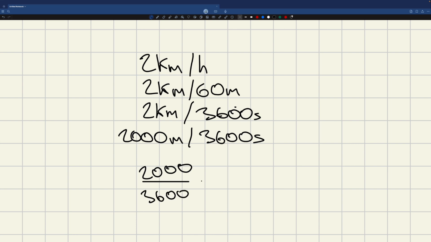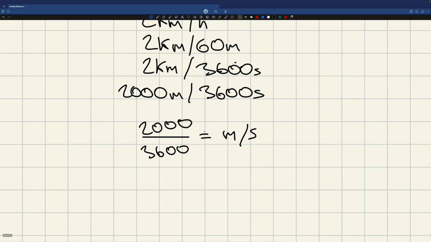That equals the amount of meters per second. Boom, boom, these two cancel out. Then you get 10 over 18, which is simply equal to 5 over 9 meters per second. Done. Then you just plug that into the equation that you are going to be using.